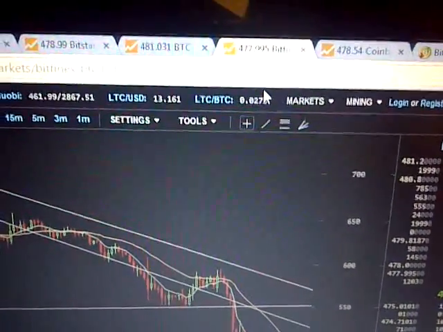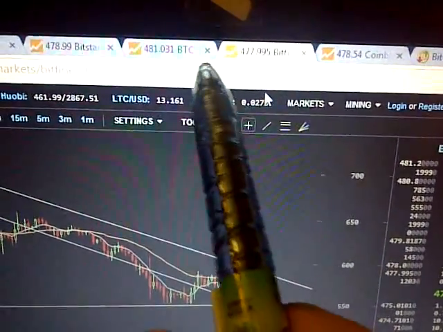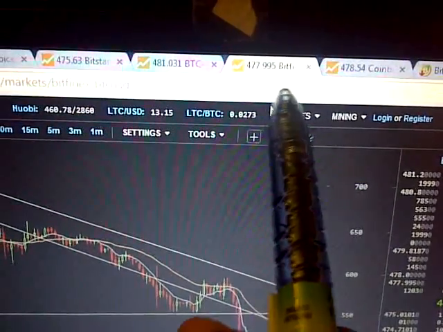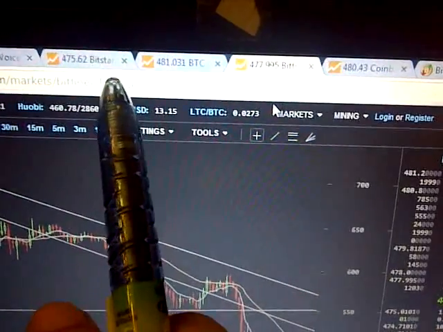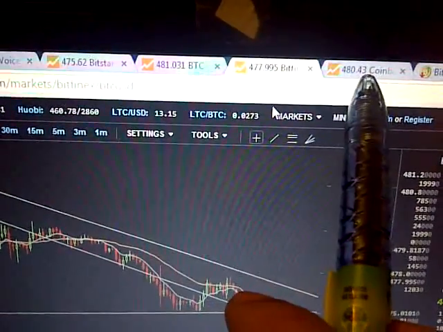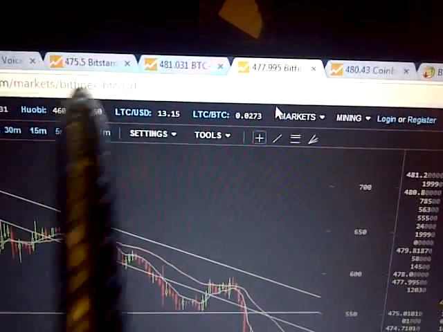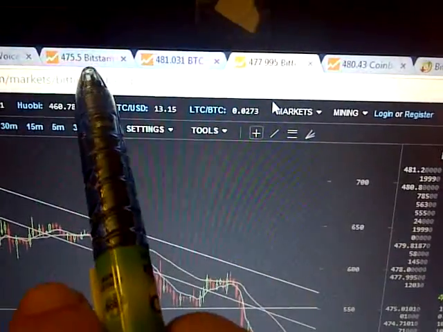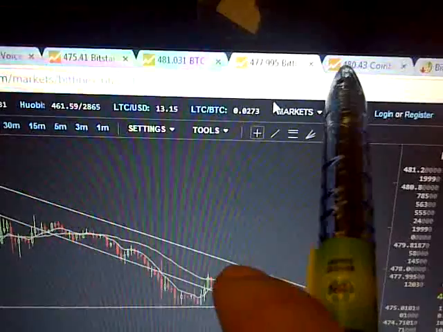Also, what I do is I look at the prices between them, and that gives me a good indication if they're starting to level or starting to go up or starting to go down, depending on how they all react with each other. I'm seeing something very interesting. I'm seeing Bitstamp and Bitfin almost in the same price range compared to Bitsy and Coinbase.